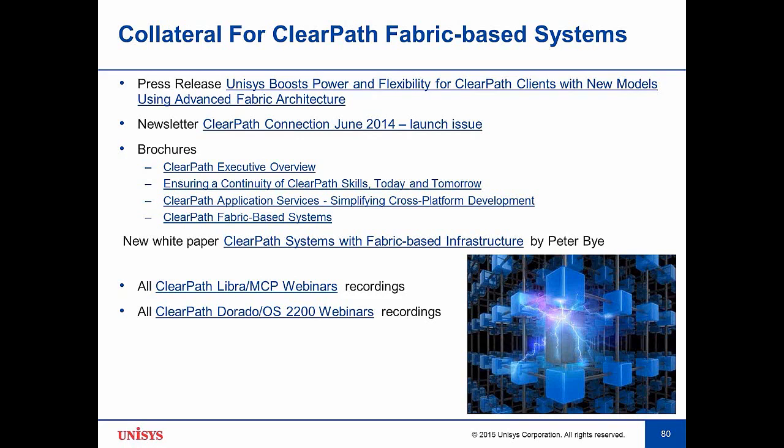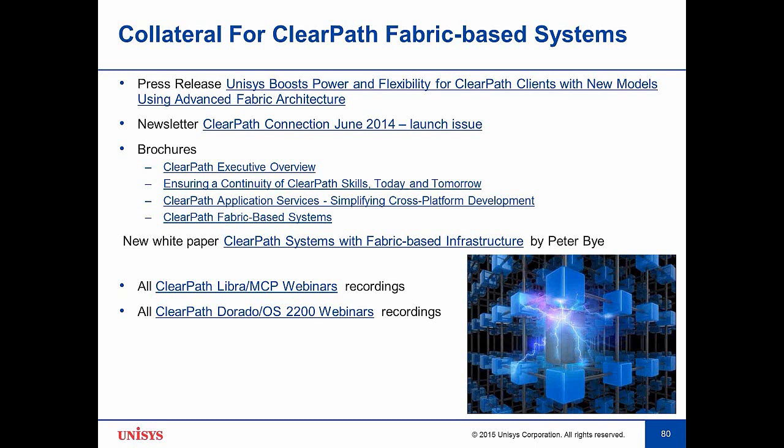Then we have these high-level brochures like the executive overview, which is a little bit longer. The rest of these, like the skills brochure, application services, and the ClearPath fabric-based systems brochure, are one-pagers. They are meant really for busy people.